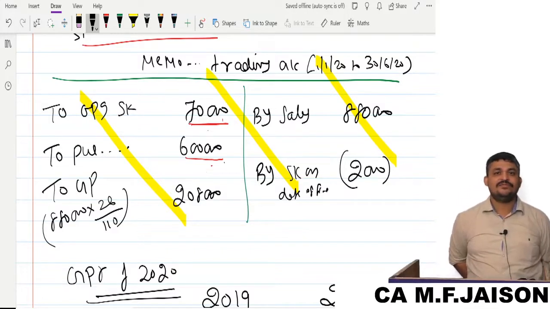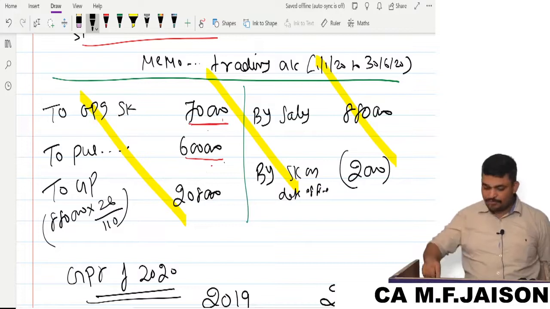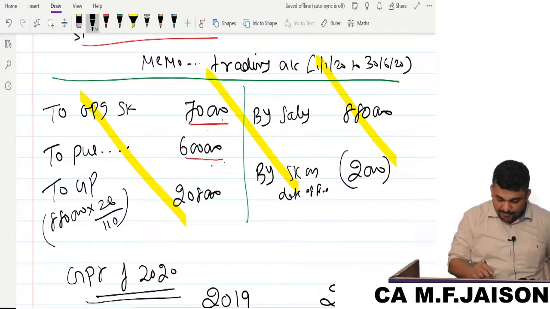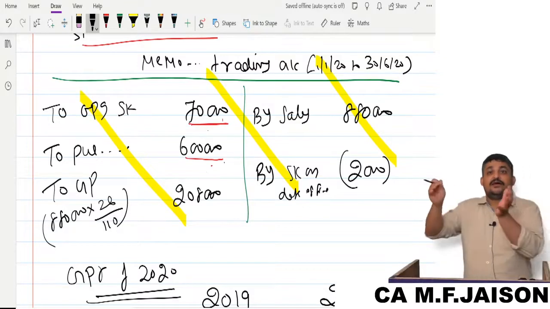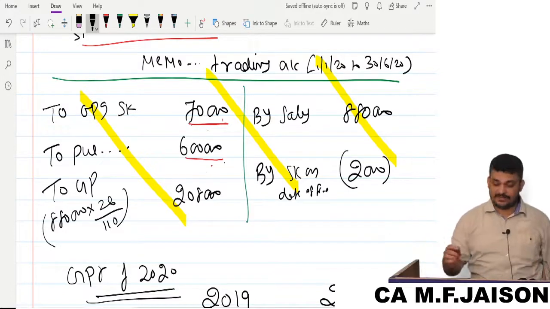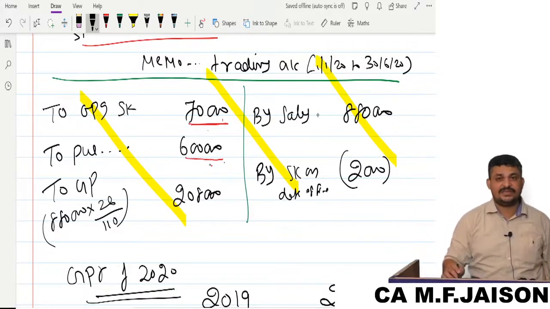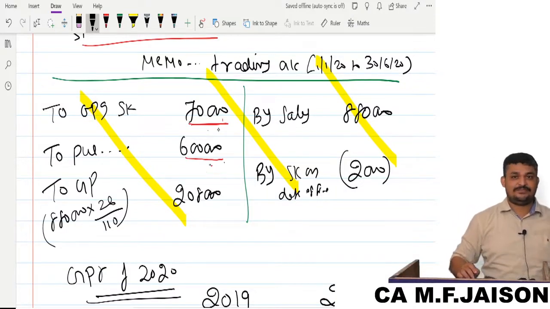You have an extra profit of 14,000 from the opening stock. How, sir? By applying 26 by 110, which is a margin relating to current year cost price and current year selling price, which is true for purchases and sales. But the opening stock alone was purchased at the previous year price.